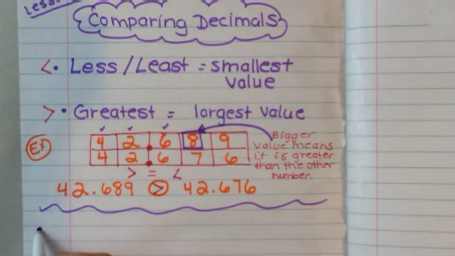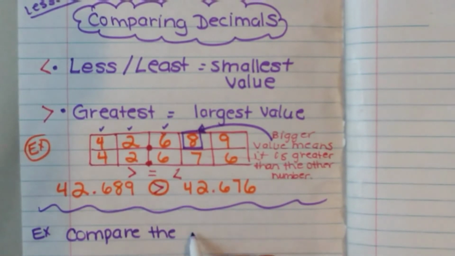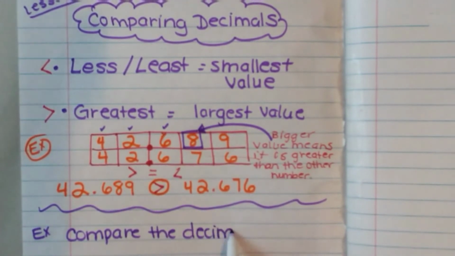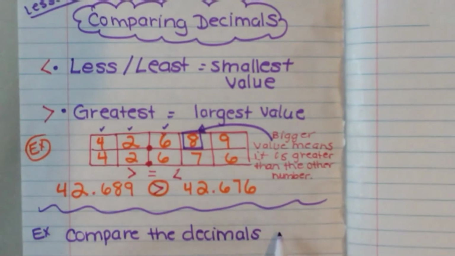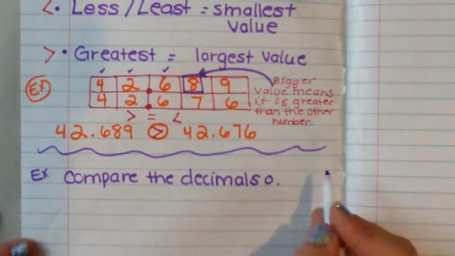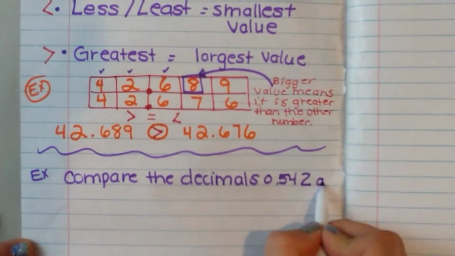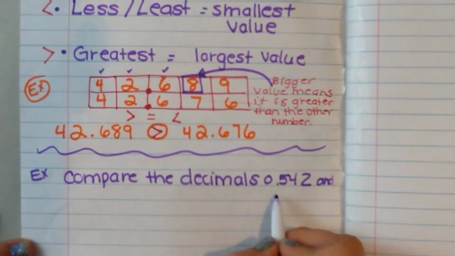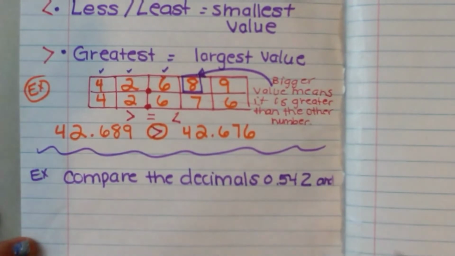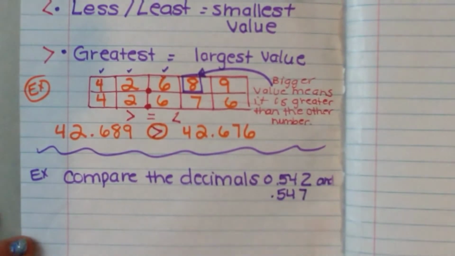It would say compare the decimals. 542 thousandths and 547 thousandths.